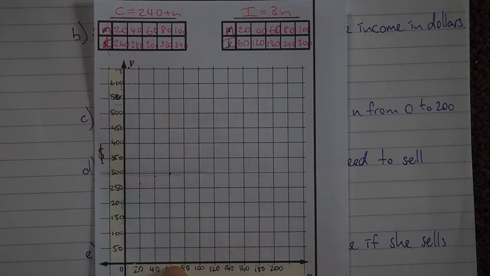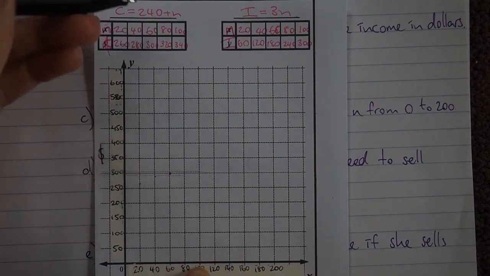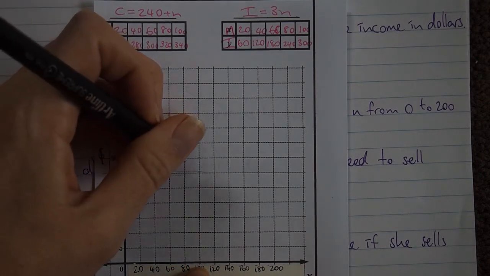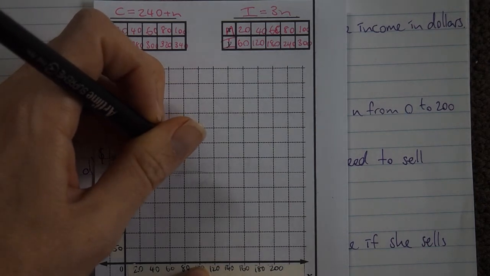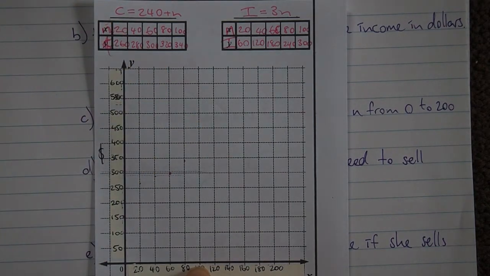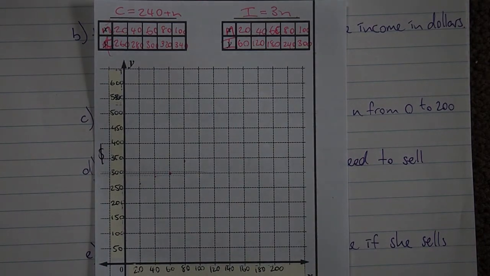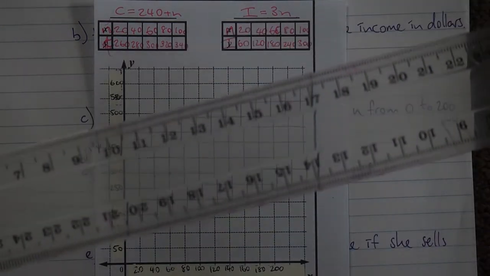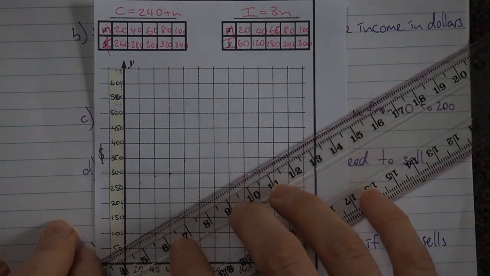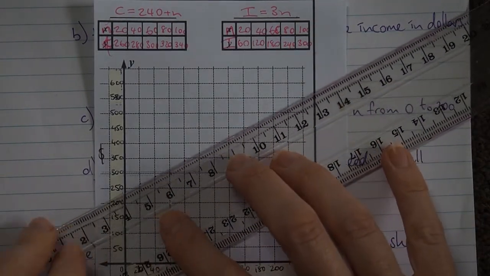That's nice and easy. And then I'm just going to skip to 100 and 340. So it's really important to note that you don't actually need to graph every point from your table of values, as long as you can use your ruler to make a straight line with the points.